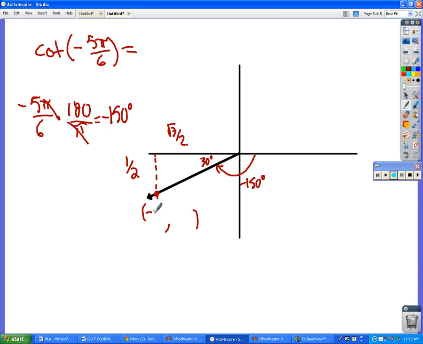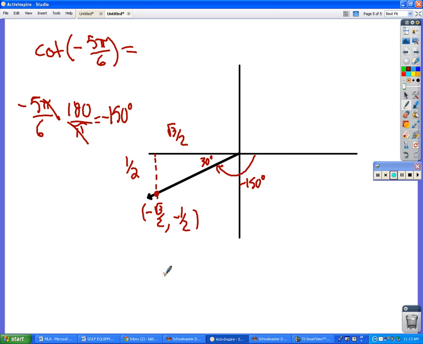So this is negative root 3 over 2, comma, negative 1/2. Okay? Now, cotangent is the inverse of tangent. Tangent, I'm sure you remember, we found by taking the y-coordinate divided by the x-coordinate. Okay? So this is the opposite.